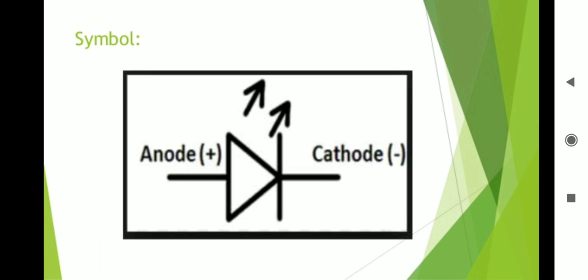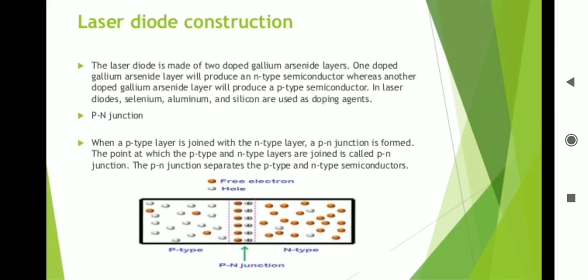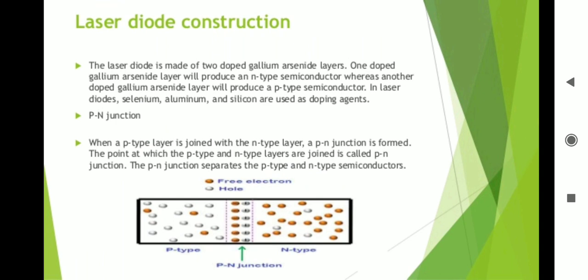These are the three steps in the generation of laser. So this is the symbol for laser diode. This is the construction diagram for laser diode.